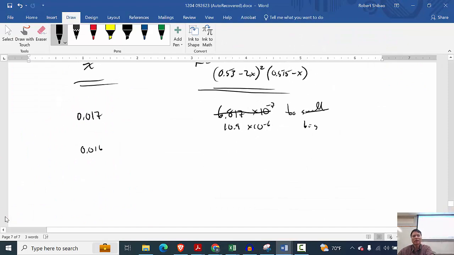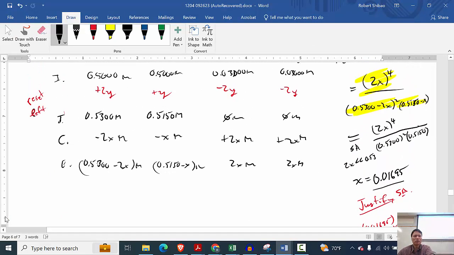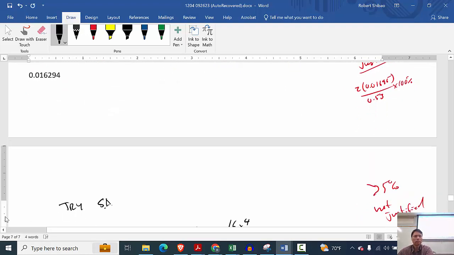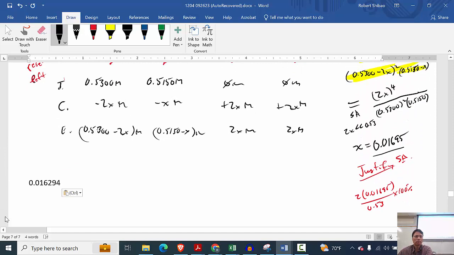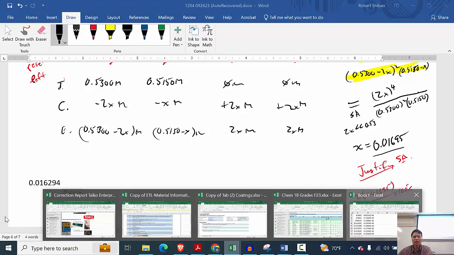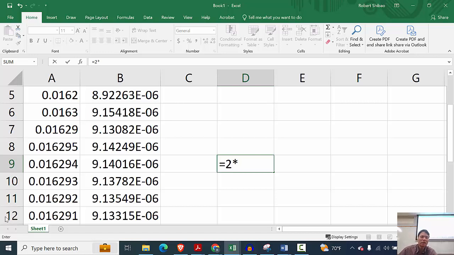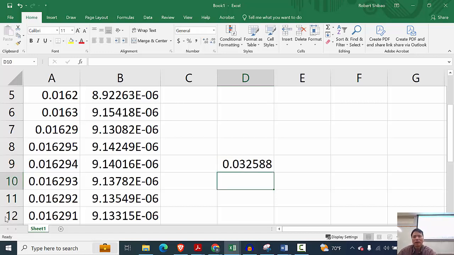You could calculate yours as well. I just plug x back in. I'm going to get my x value and then double that. Over here I'm just going to say 2 times this cell so I don't have to punch it in my calculator.